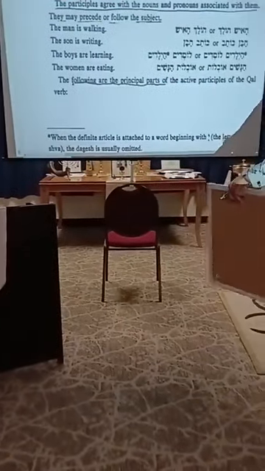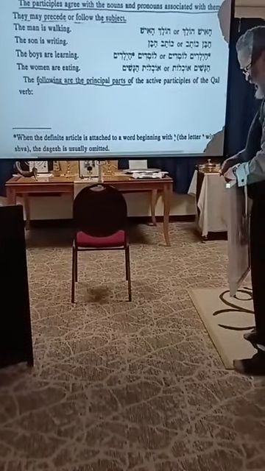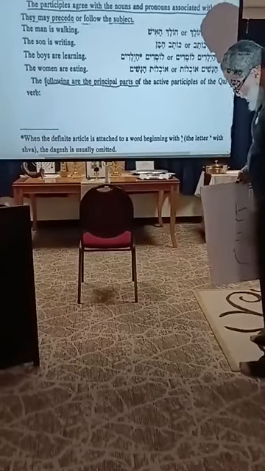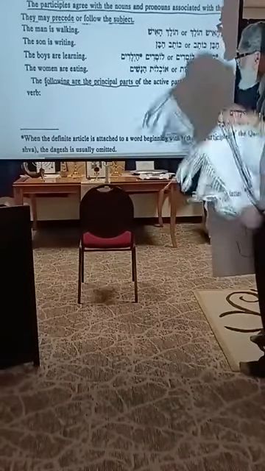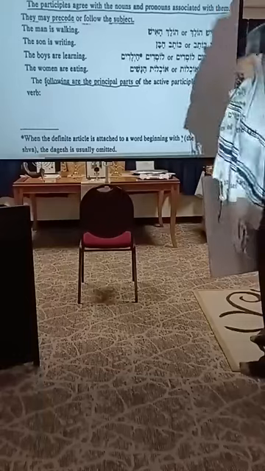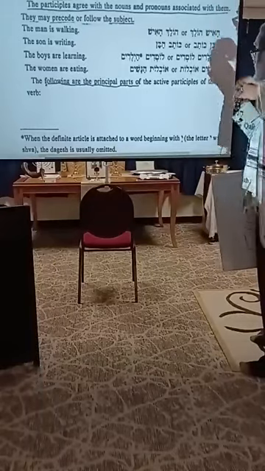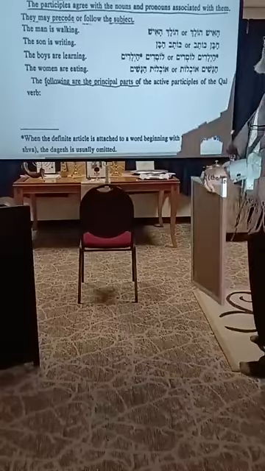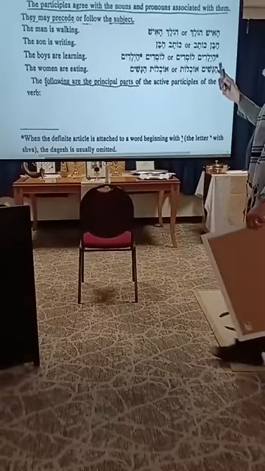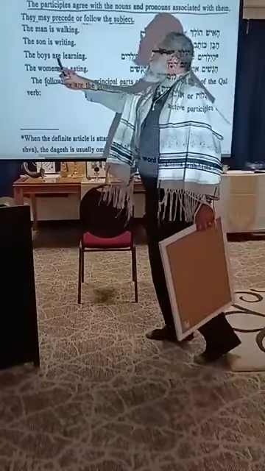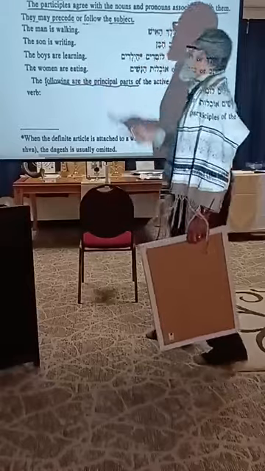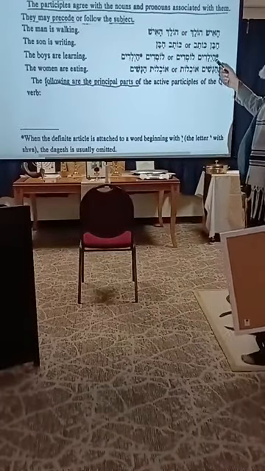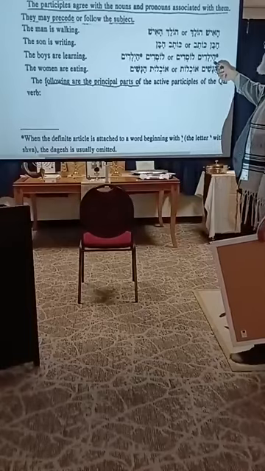So what we find here is that when we are putting these sentences together, you can have the participle after the noun or before the noun. In each one of these, it's being expressed, like the boys are learning. So over here, you have ha.